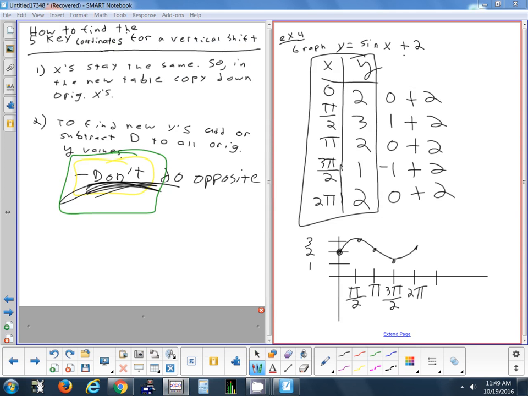Okay, little bit of a difference there. A lot of people say, oh, 3 is the amplitude because that's how high it goes. No. Amplitude is the height off of the center. Okay? This has an amplitude of 1. Okay? And there's no number in front of sine other than 1. Okay. So any questions on that one?